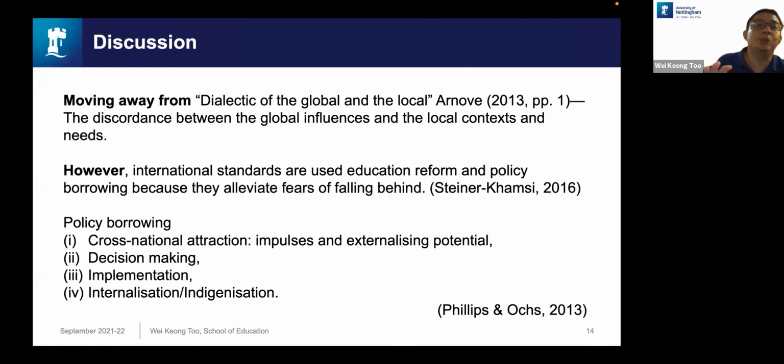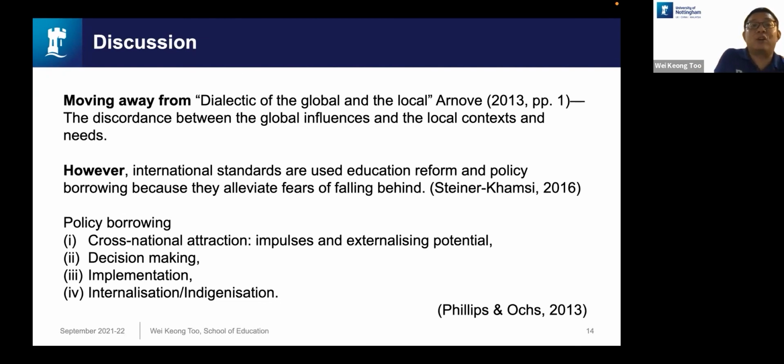But when it comes to borrowing, these are the four distinctive ideas that people will look at, even though the idea is for our own nationally developed evaluative framework.